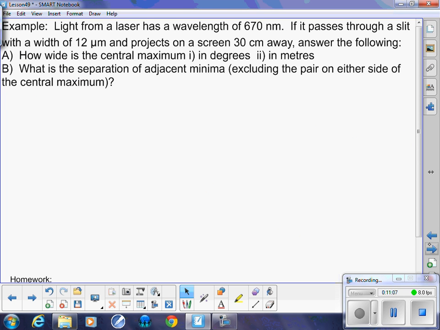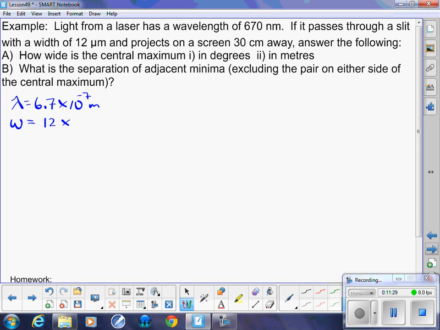Okay, last example. Light from a laser, wavelength 6.7 times 10 to the negative 7 meters, passes through a slit. Width 12 micrometers. It's probably the number they're going to give you in the textbook. Go from micrometers to meters.